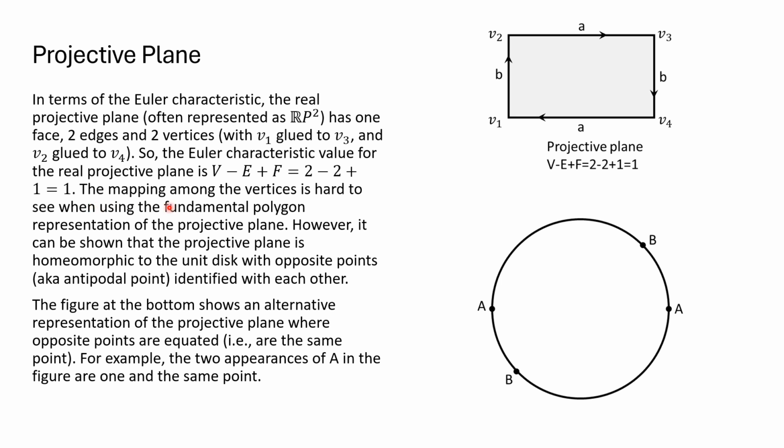So the mappings are a bit hard to see when represented this way, but this representation on the bottom is equivalent. And if you just look at, let me draw a few points. So a point here, sorry, this is kind of a blob, but you get the idea.